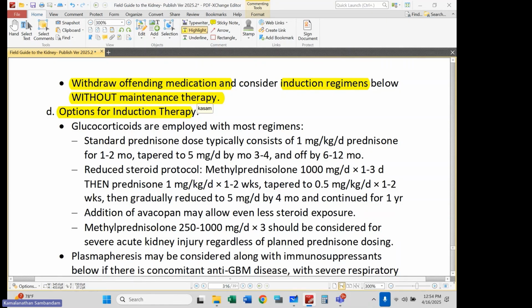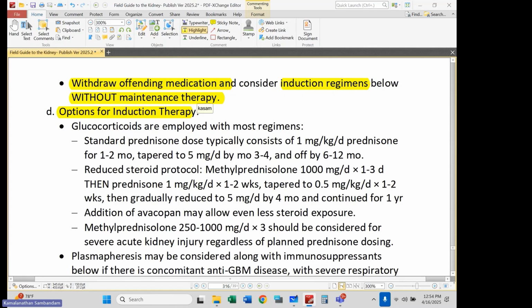Most people would say, stop the hydralazine, because you don't know for sure that it's always the hydralazine, right? It could be a red herring. And so you're going to stop the hydralazine, and at least give them induction immunosuppression and then monitor the course. Then you have a tougher decision to make regarding the maintenance therapy down the road.